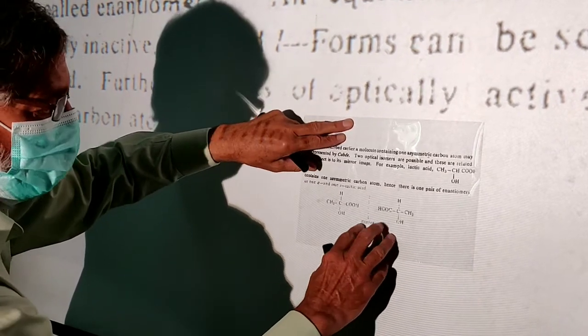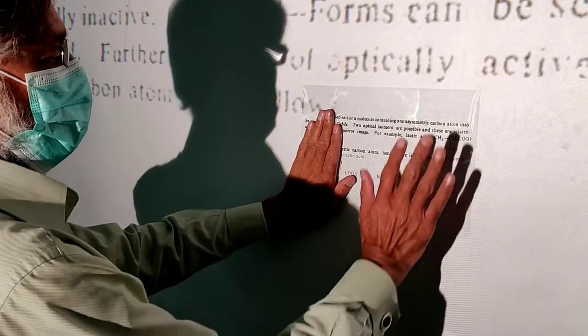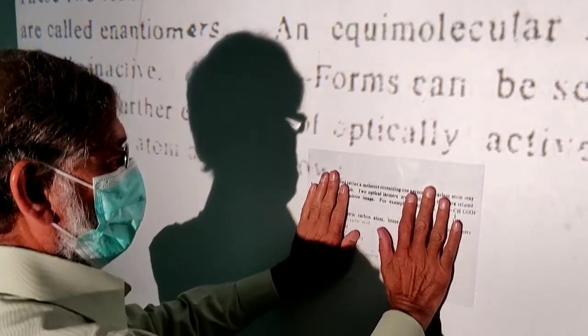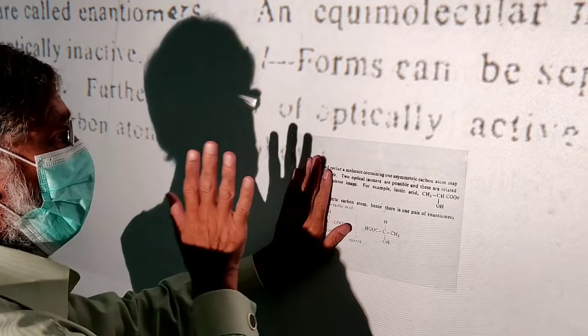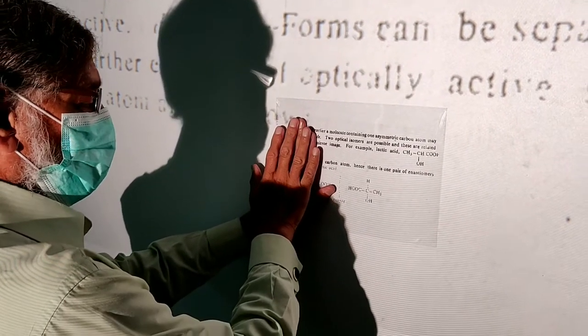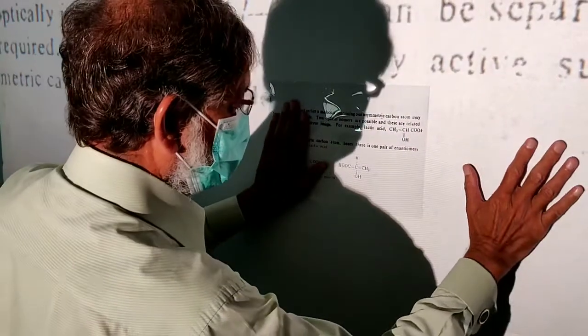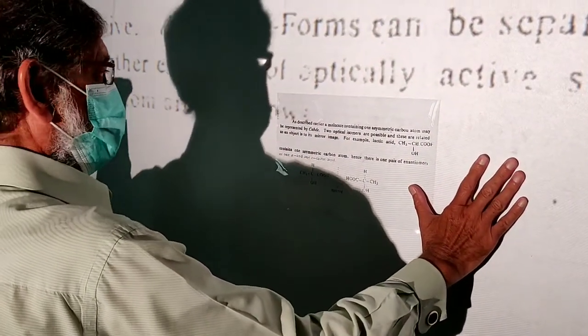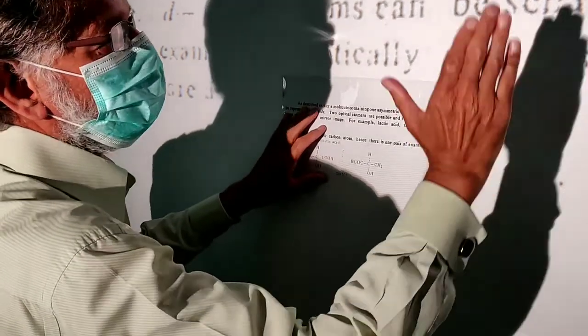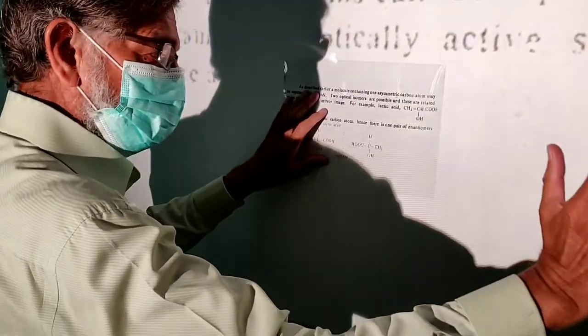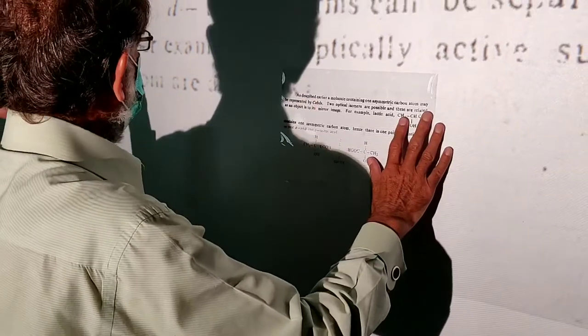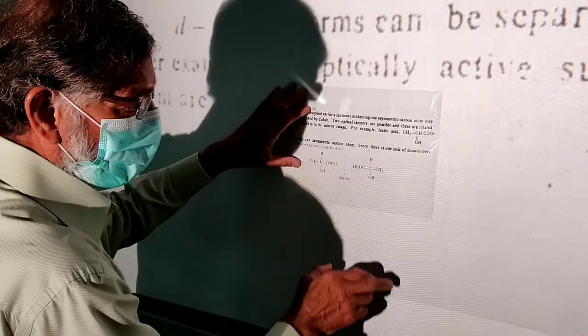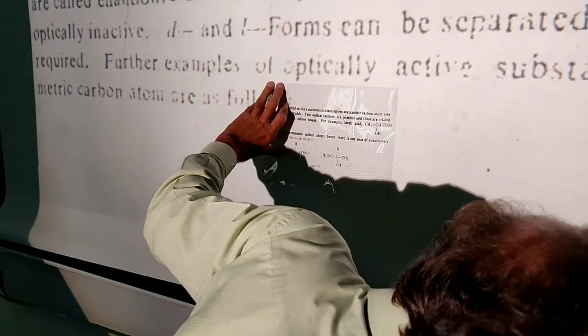They are non-superimposable. So this is one enantiomer and this is another enantiomer. This could be a beautiful drug, or this could be a beautiful poison. When you combine these two, a biologically inactive compound results.